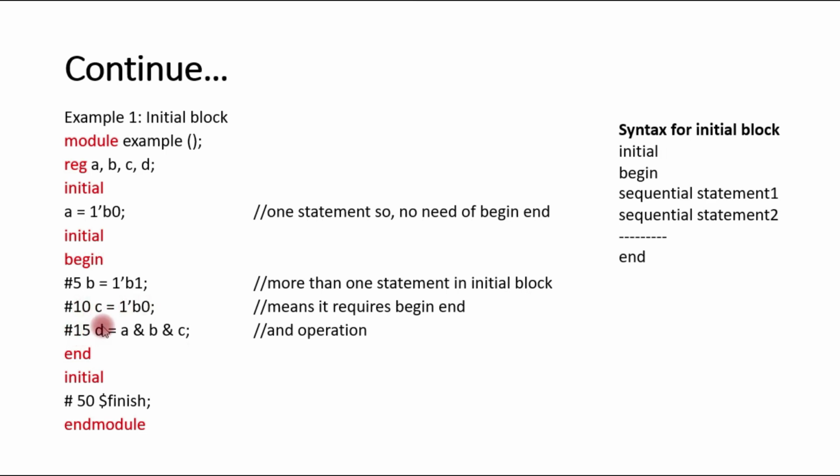And D is defined after a time delay of 15 time units. It means when the total time is 30 time units, D is the AND operation of A, B and C. And in the third initial block, we are terminating the program, and here we are providing a delay of 50 time units. So the program is terminated at t equal to 80 time units, then end module.